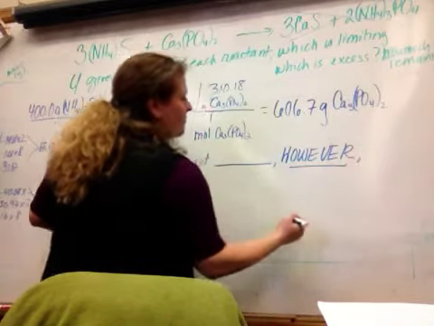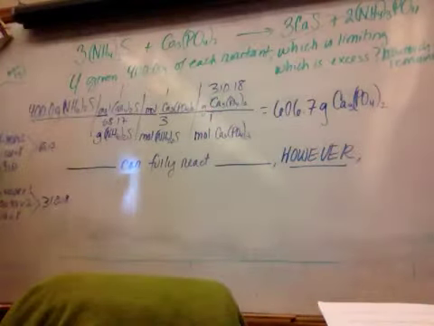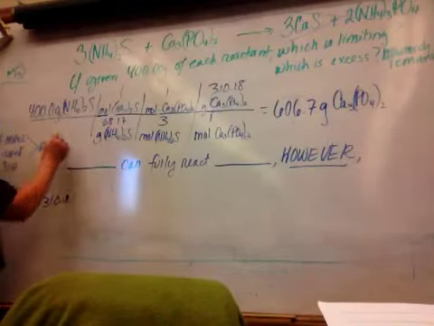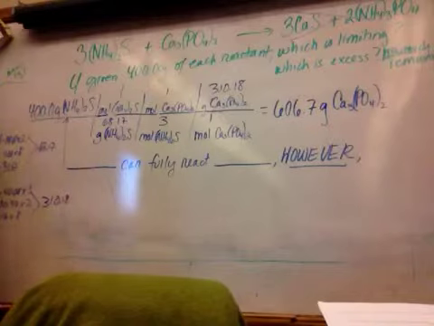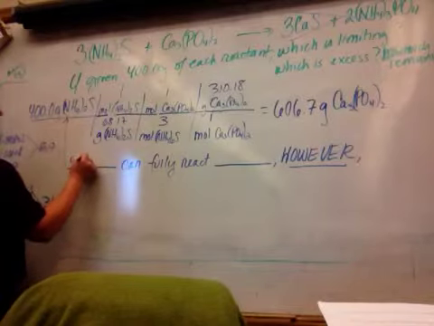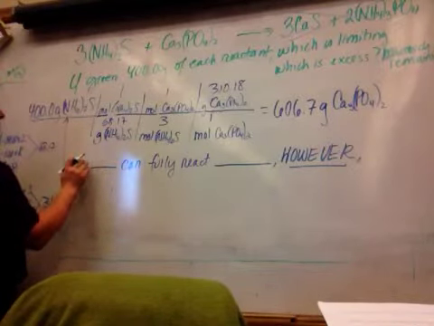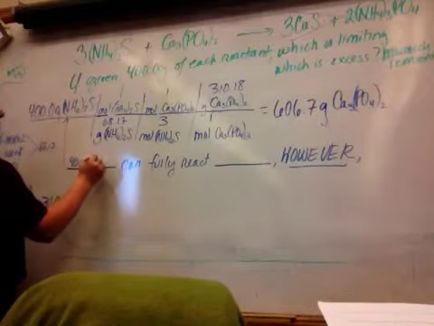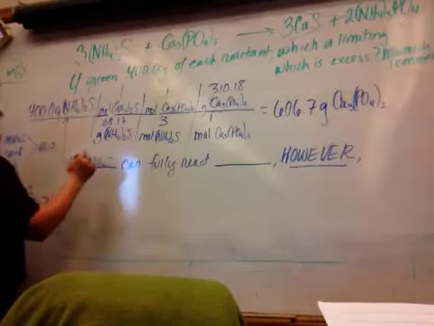However. Now, this is the first part of this sentence, and this first blank is the given that you started this factor label with. So this blank is 400 grams, it's 400.0, of ammonium sulfide.